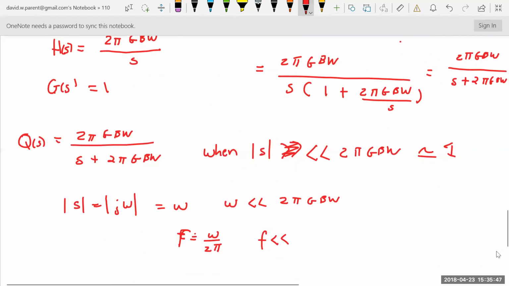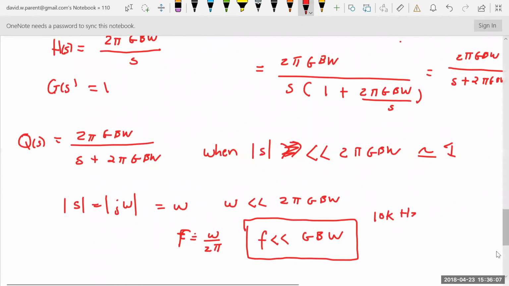So the frequency would be much less than the gain bandwidth. Now, so that was about, I think, 10 kilohertz. But it actually doesn't have to be much. It seems to be pretty good when it's just F less than gain bandwidth.